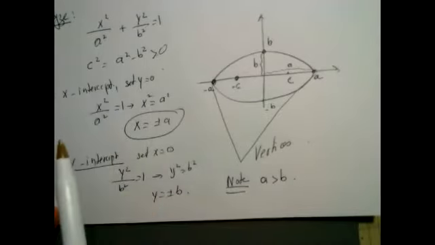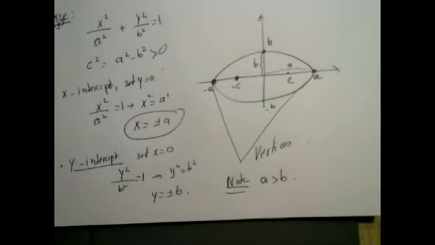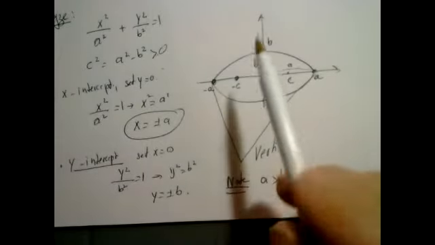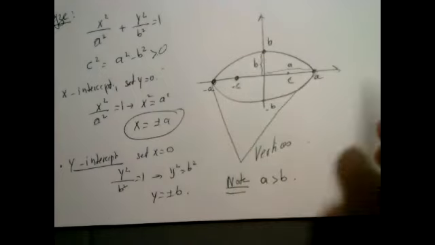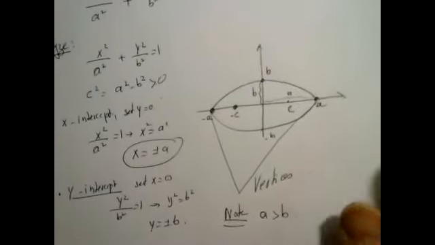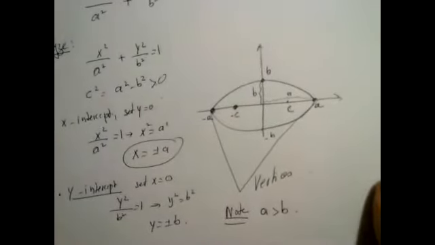Otherwise we cannot have a c squared. Okay, so that's the equation of an ellipse. And we will take up two examples. Actually, before I take up two examples, let me talk about that.